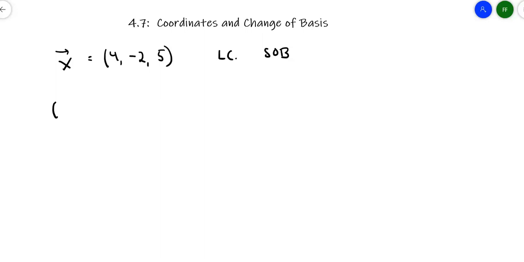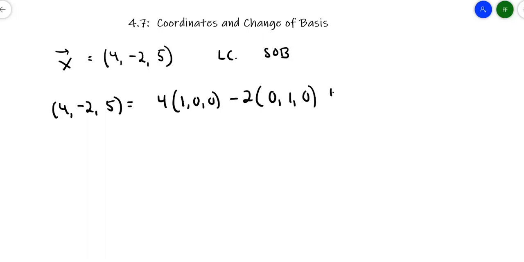So I can write 4, -2, 5 as 4 times the vector 1, 0, 0, minus 2 times the vector 0, 1, 0, that's your J, and then plus 5 times the vector 0, 0, 1, that's your K. That linear combination of the standard ordered bases will produce that vector X. You notice that the coefficients 4, -2 and 5 are the values that are in that vector X.